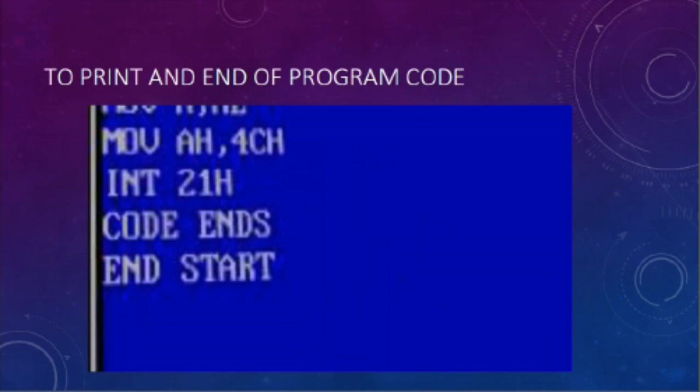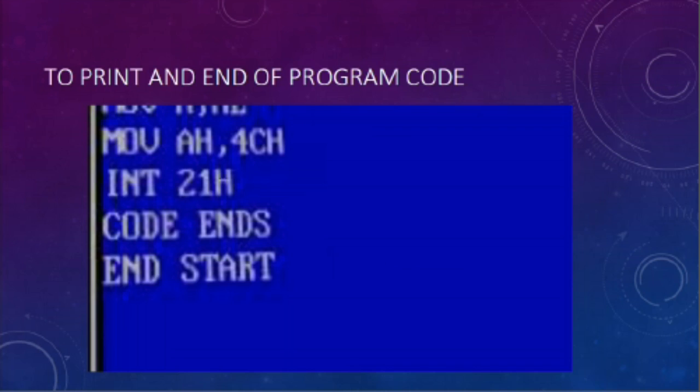Now in the next step, MOV AH comma 4CH and INT 21H. Here INT is an interrupt. Both these two lines are very important in this program. They are commonly written in each and every assembly level program.